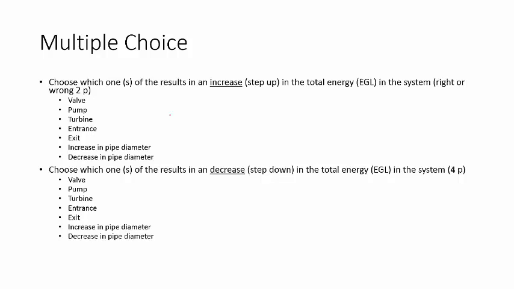So whenever we look at the expression for total energy, let me write it here. You have P1 over gamma plus V1 squared over 2g plus z1. And if we're looking at 2 points, P2 over gamma plus V2 squared over 2g plus z2.